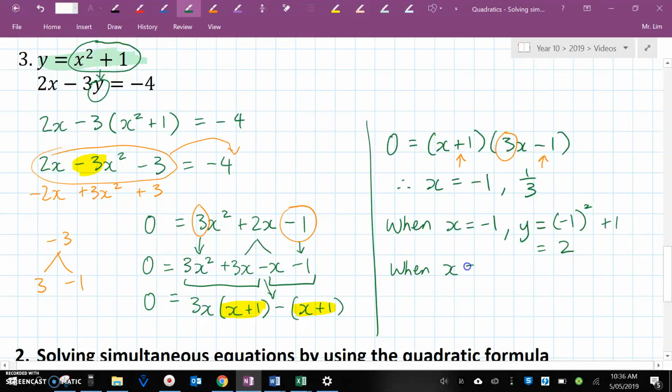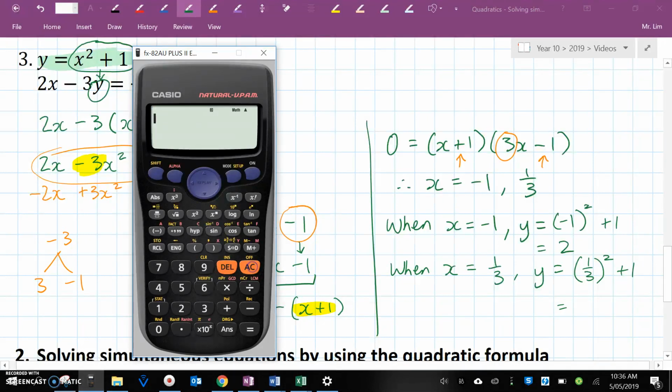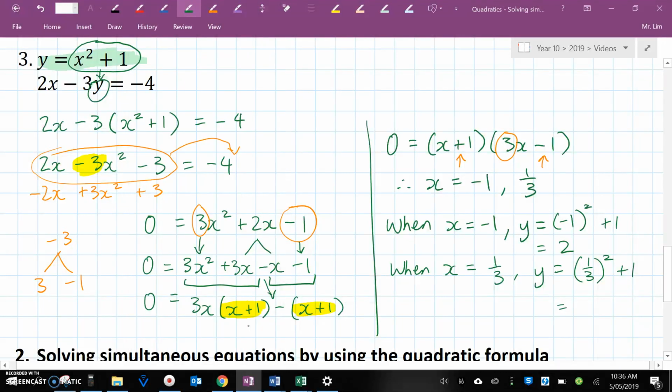When x is equal to 1/3, y is equal to 1/3 squared plus 1, which is equal to 10/9. And that's our final answer.